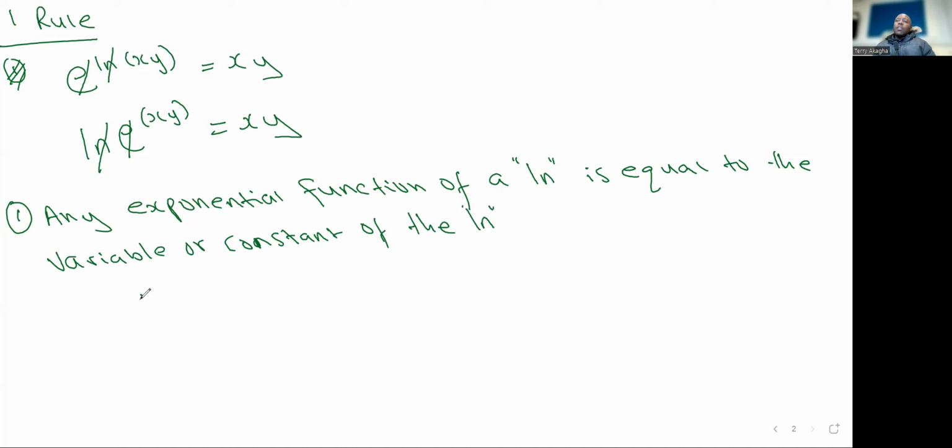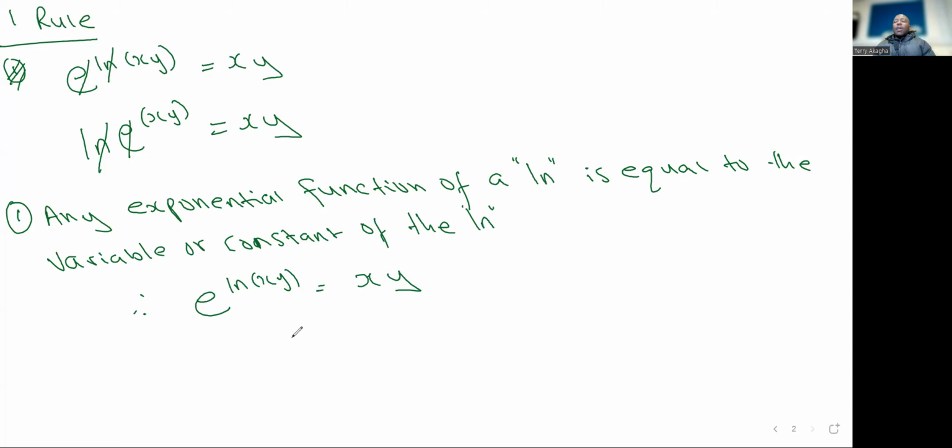So if, for instance, like I said, you have the exponential function of ln xy, this is going to give you xy, because they always cancel out.